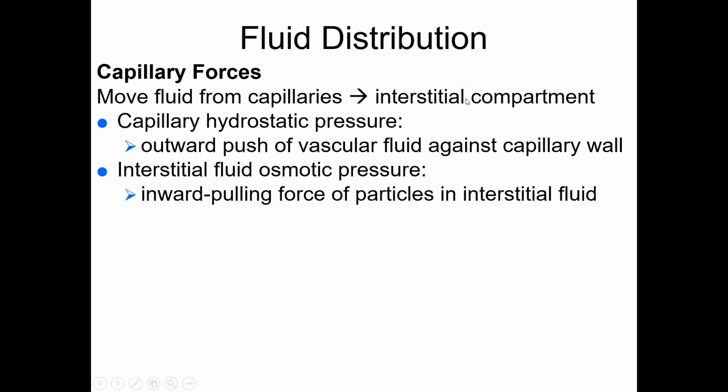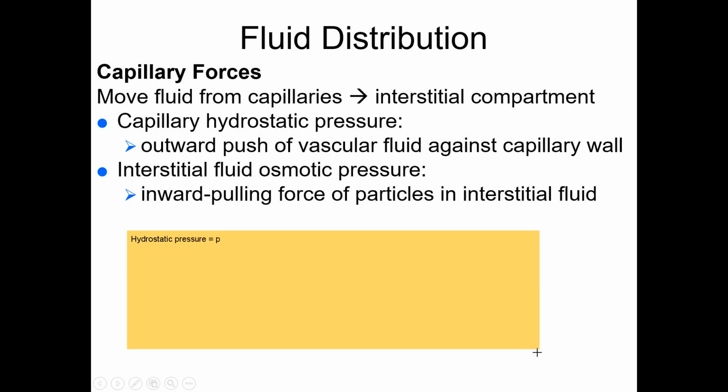We have hydrostatic pressure, which is basically the physical force of a fluid being moved from one area to another. So physically pushing a fluid in a direction. So picture like your blood pressure. As your heart is beating, it's physically pushing a fluid from one location to another.